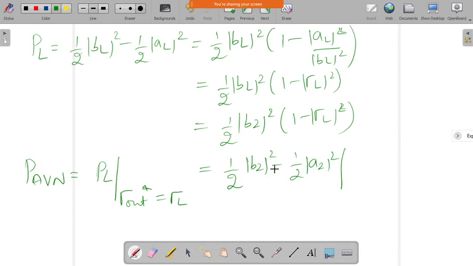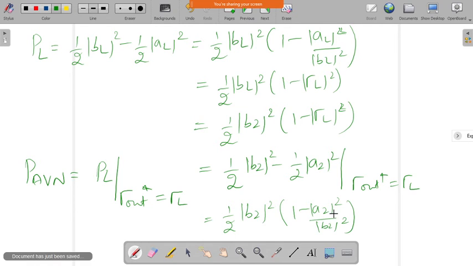This holds only when gamma out complex conjugate is equal to gamma L. Taking half B2 square common, we get 1 minus A2 square divided by B2 square.